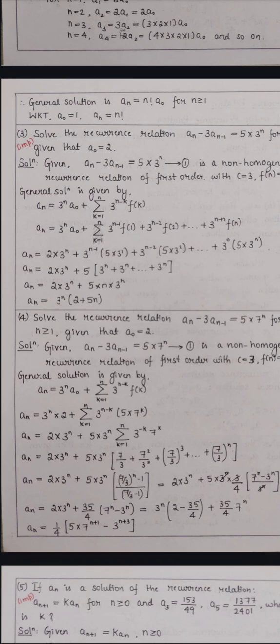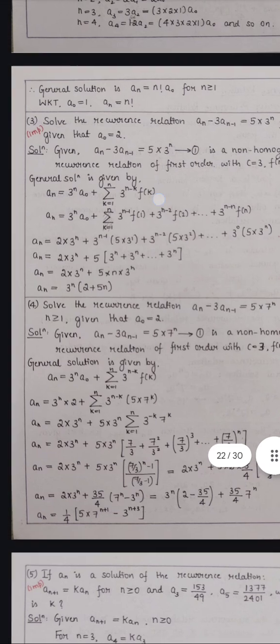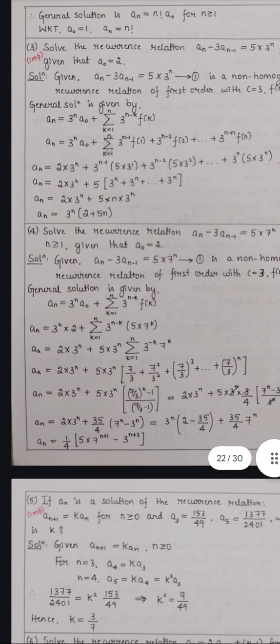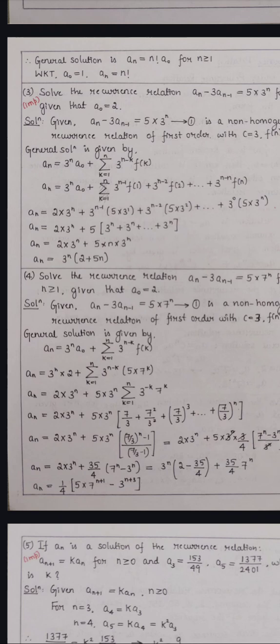3 power n minus 1 into 5 into 3 power 1, plus 3 power n minus 2 into 5 into 3 square. Everything, if you try doing it, you will see as 3 power n plus 3 power n plus 3 power n, n times.